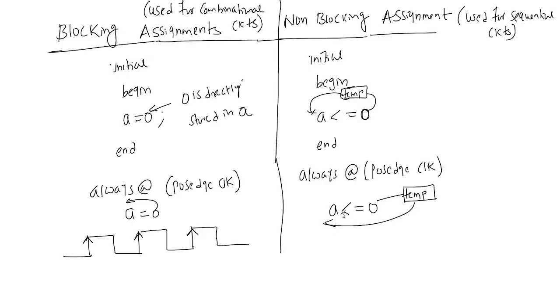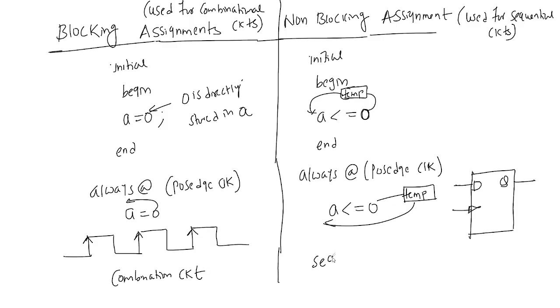This is mainly used for designing D flip-flops, where D is the input, Q is the output, and there is a clock. So from this I can say that non-blocking is mainly used for designing sequential circuits, whereas blocking is mainly used for combinational circuits.